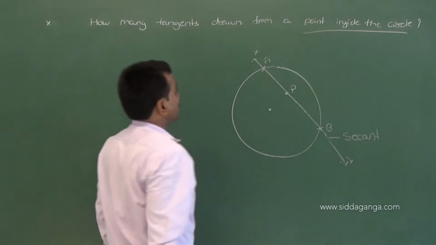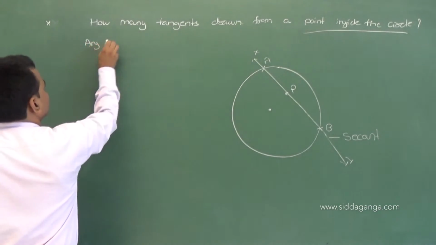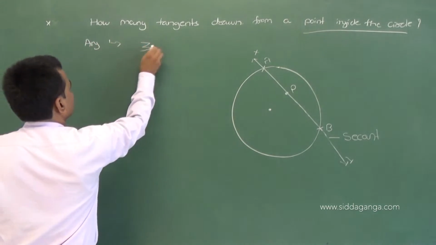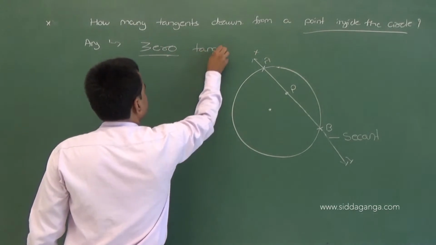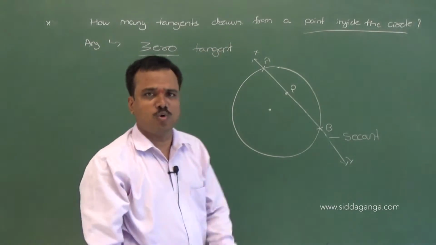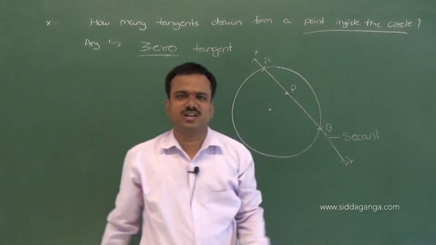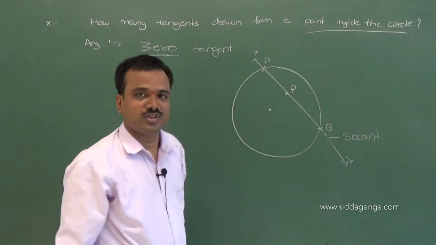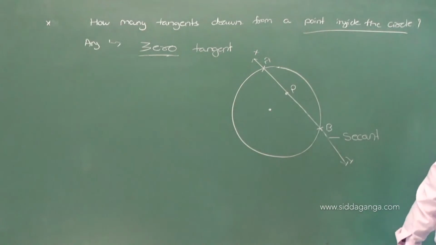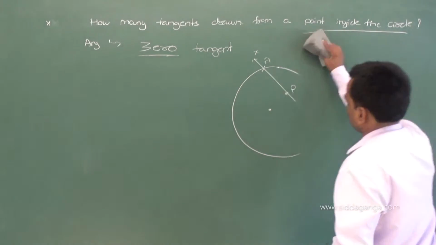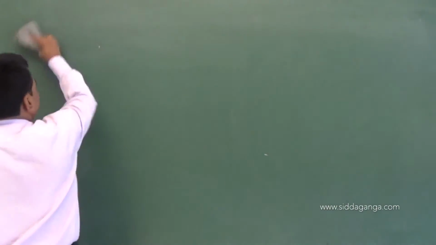So the answer is 0. Zero tangents can be drawn from a point inside the circle. Okay, inside is over. Next question.